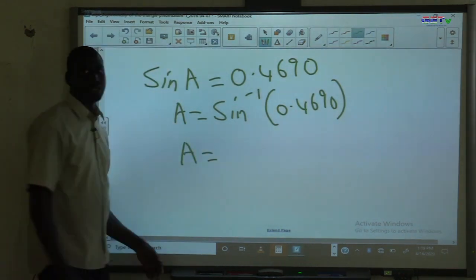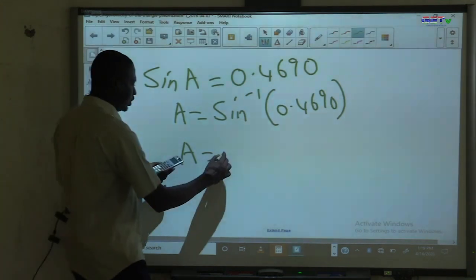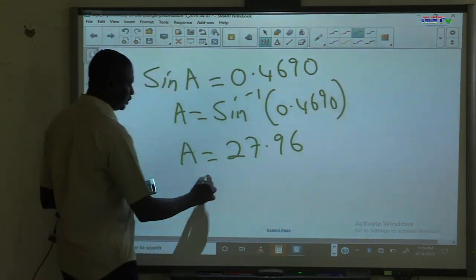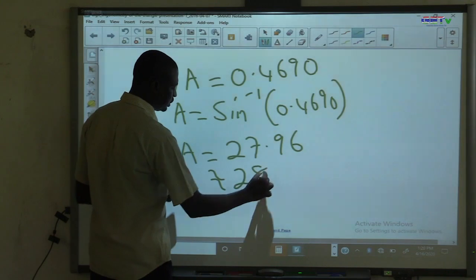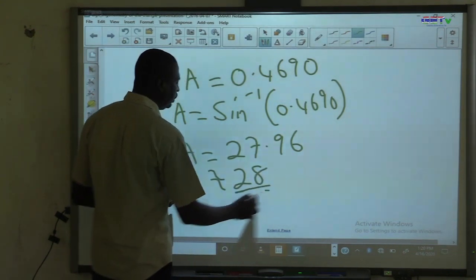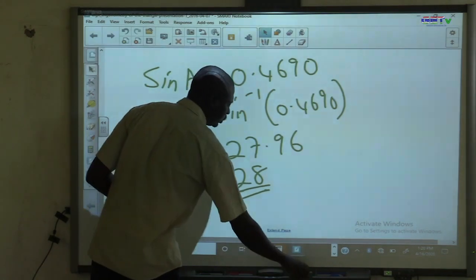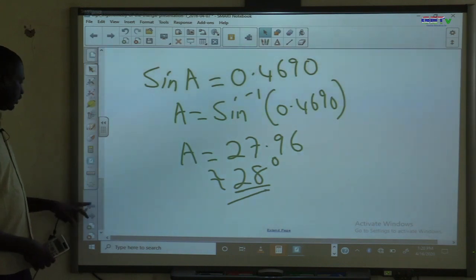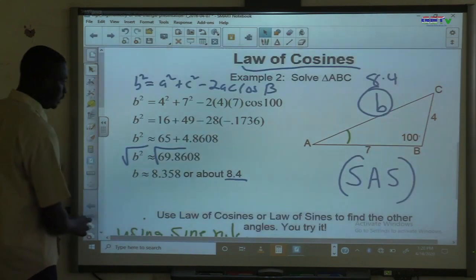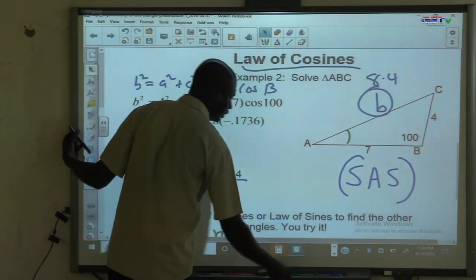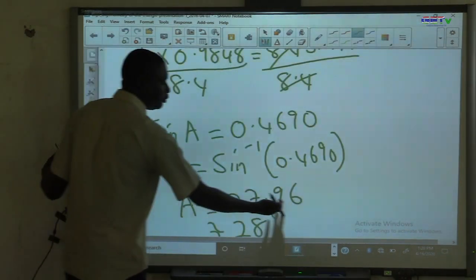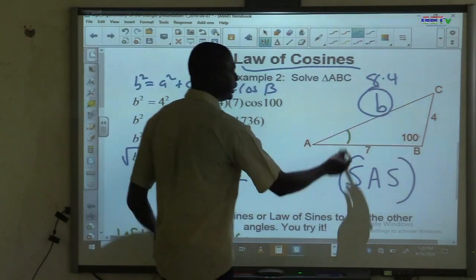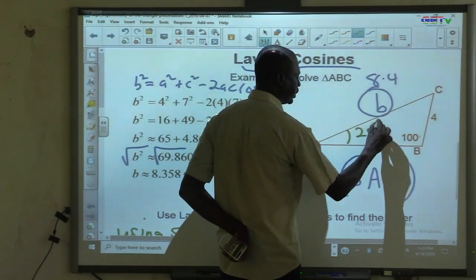Automatically, the value of A will be sine inverse of that, which is 27.96, which is approximately 28 degrees. So the angle A on this is approximately 28 degrees.